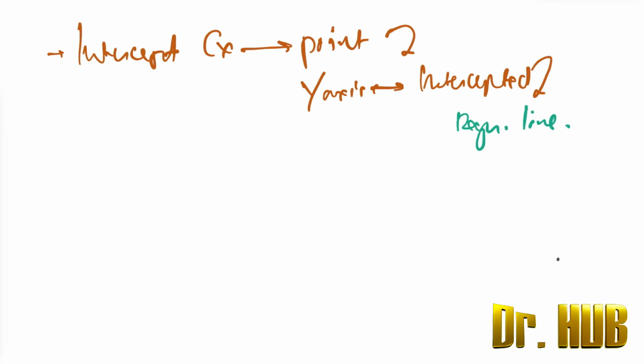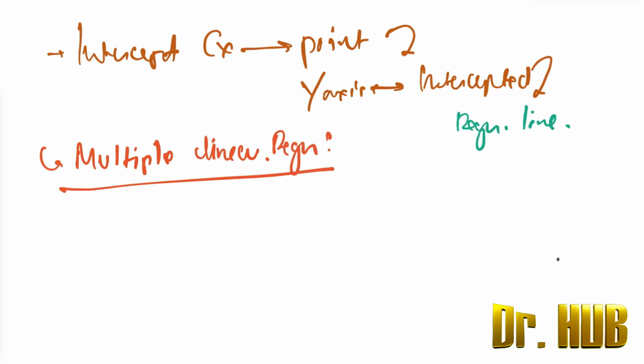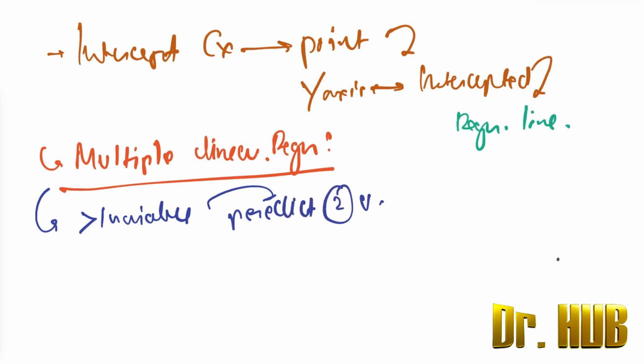Next, we will look at the multiple linear regression. In multiple linear regression, more than one variable is used to predict the expected value of another variable, which we call y.